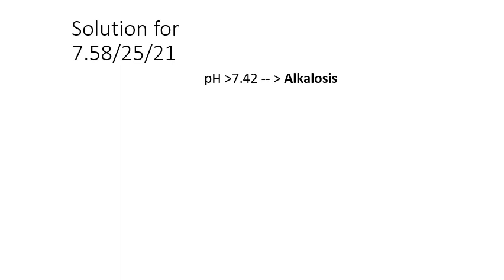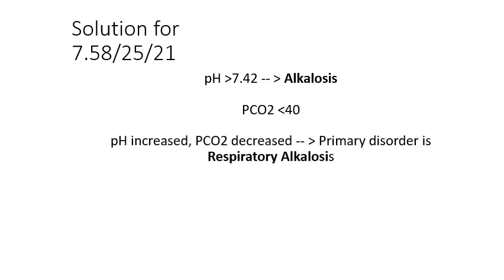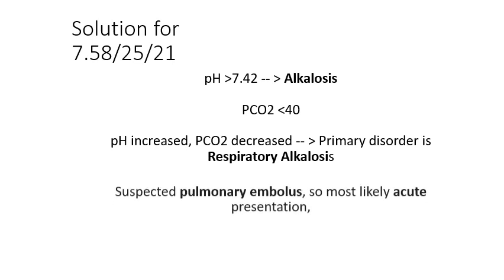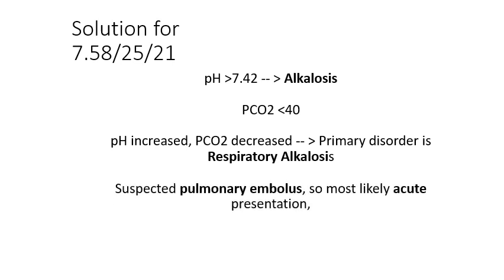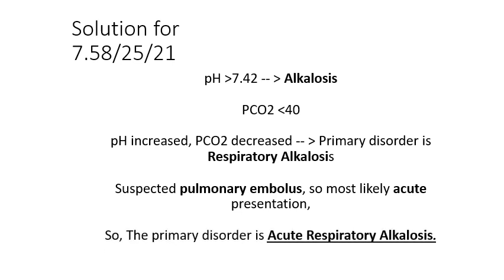Then looking at PCO2, the PCO2 is less than 40. This tells us that the pH has increased and PCO2 has decreased, which means the primary disorder is respiratory, which in turn is respiratory alkalosis. The setting is most likely acute as the patient is having pulmonary embolus. So the primary disorder is acute respiratory alkalosis.